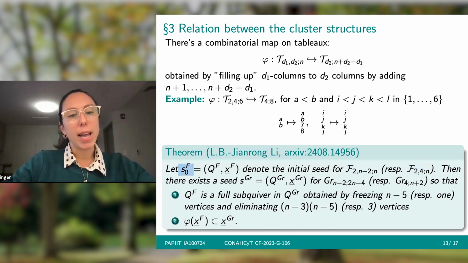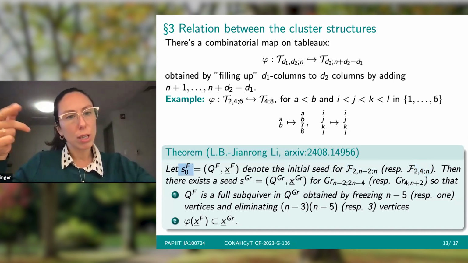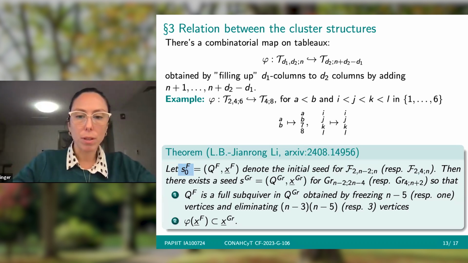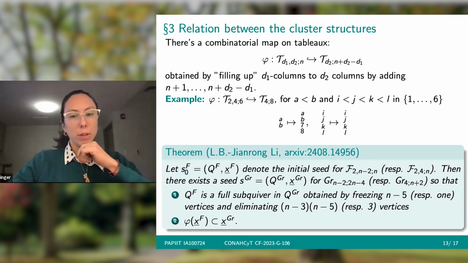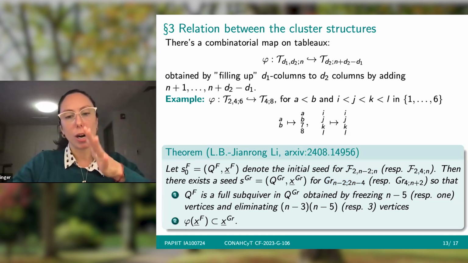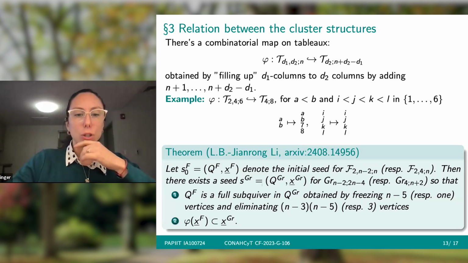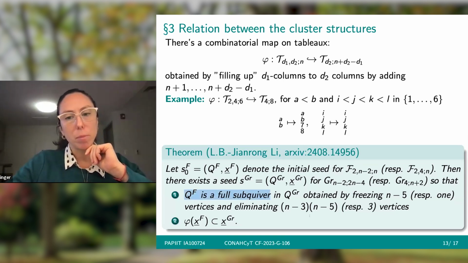And I will denote by S_F this initial seed that I've constructed with the quiver and its set of cluster variables. Then for the corresponding Grassmannian that I get here on the right-hand side, I can find a seed S_Gr, so quiver Q_Gr, and the tuple of indices, so that the quiver for the flag variety, the initial quiver, is a full subquiver in the Grassmannian. So I can get it by freezing, in this case, n minus 5 or respectively 1 vertices, and eliminating a certain number of vertices.